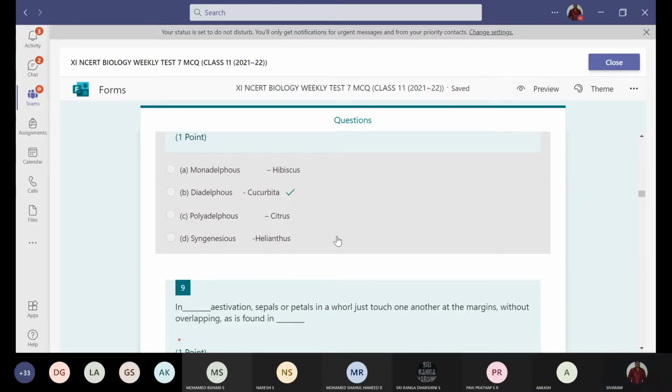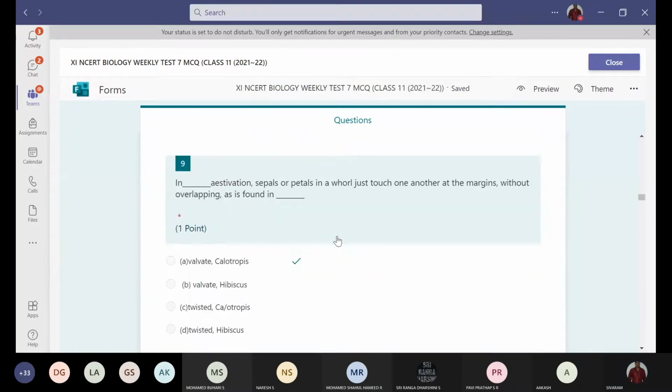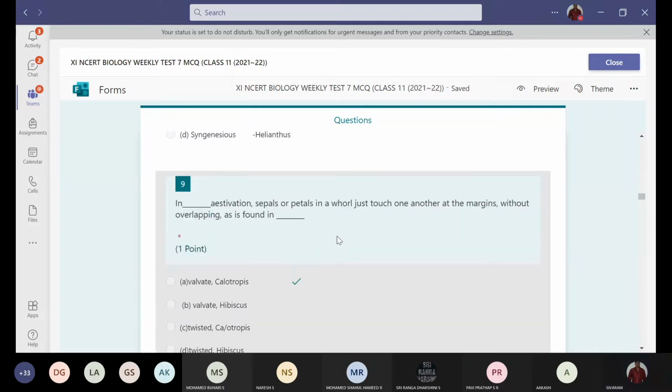The anthers are fused. That's why we call it as syngenesious. It is sunflower. In sunflower, we can observe that. Helianthus annuus is the scientific name of sunflower. And next, in dash estivation, sepals or petals.